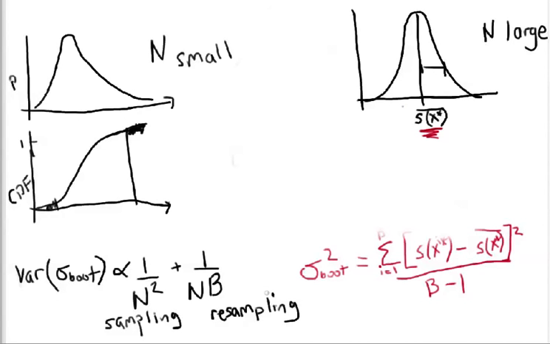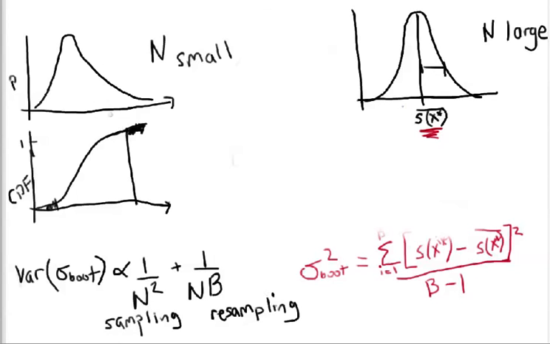And the second reason that we can have error in our sigma boot, in our bootstrap sigma, is just random error due to not enough resampled bootstrap distributions.